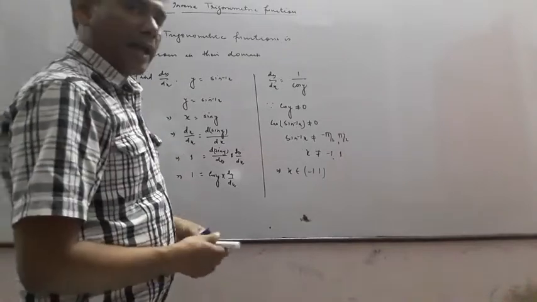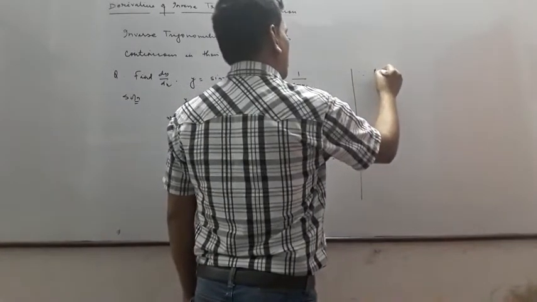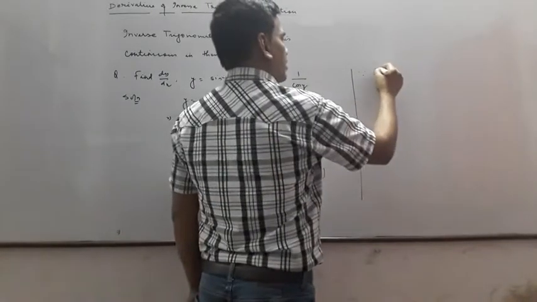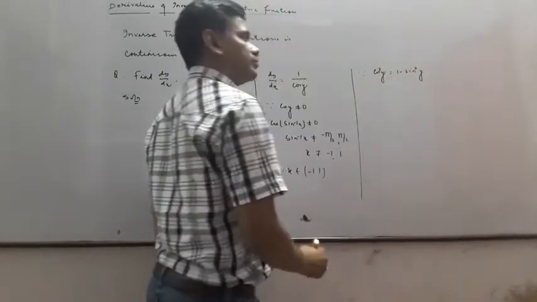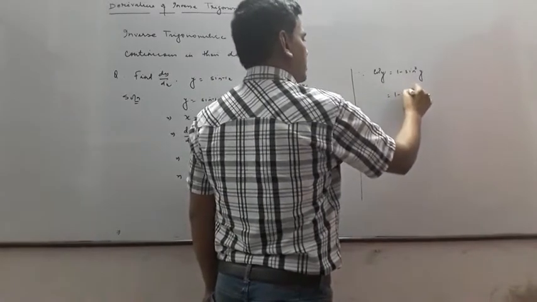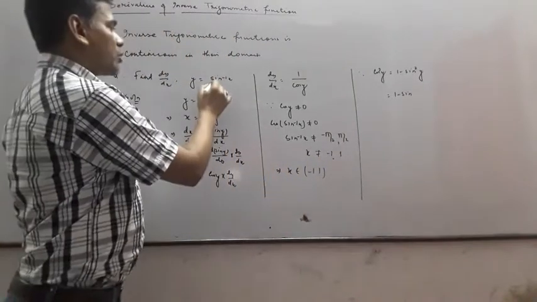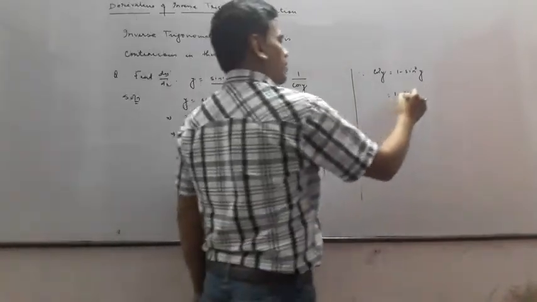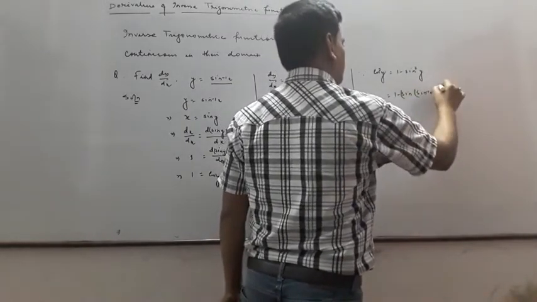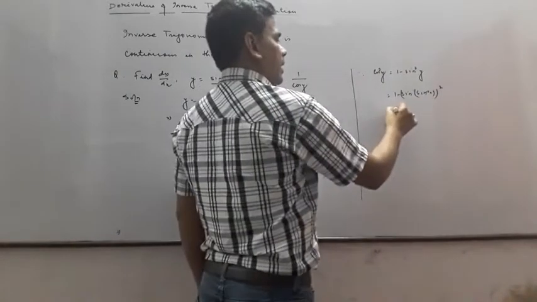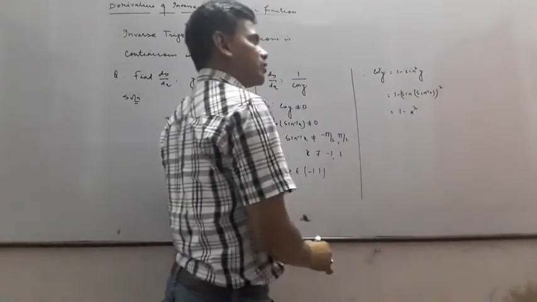So what will be the final answer here? Since cos square y equals 1 minus sine square y, and y is sine inverse x, replace it: sine inverse x whole square, and sine of sine inverse x is x, so it is x square.